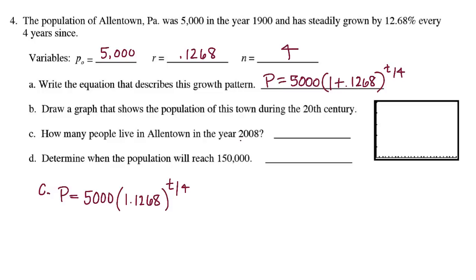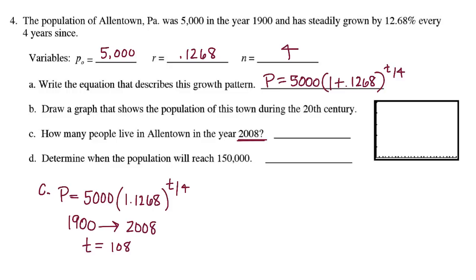Now we have to be careful because our time frame is not really 2008. So we have to think about, well, when did we start recording, or what was our initial time, which was 1900. So what is the time frame from 1900 to 2008? That's our t value. So hopefully we see that our t value would be 108 years.